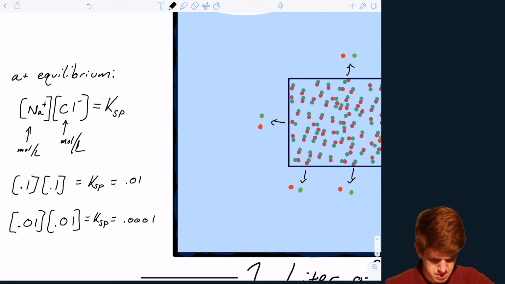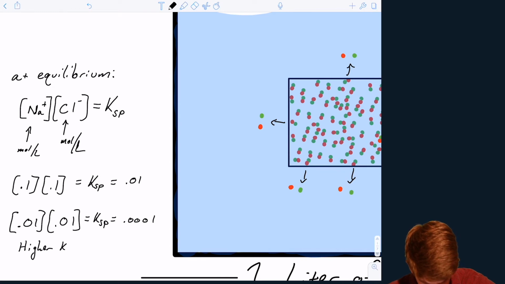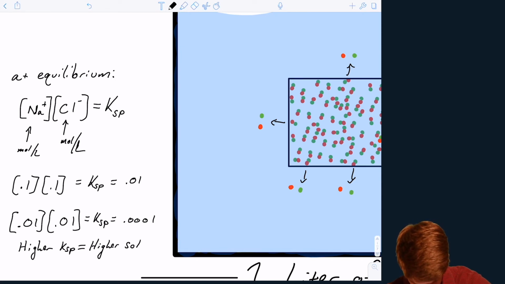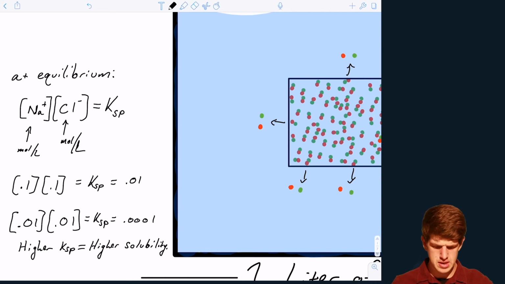So what does that mean? It means that a higher Ksp value equals a higher solubility. That should make sense.